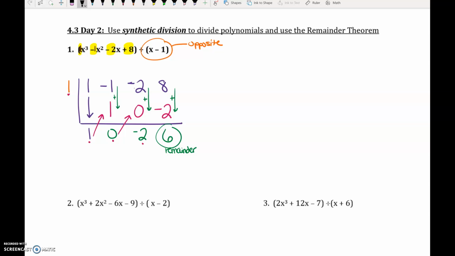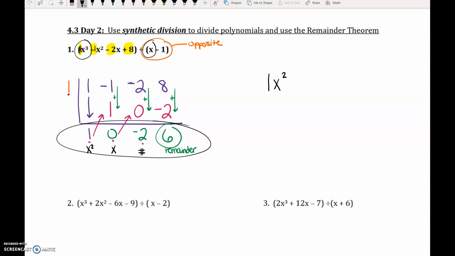Now we just have to interpret what this means. This thing is our answer. It's going to be 1x squared, because we started with x cubed and we divided by x, so we're going to decrease the exponent by 1. So this term is 1x squared. The next one is your x term.